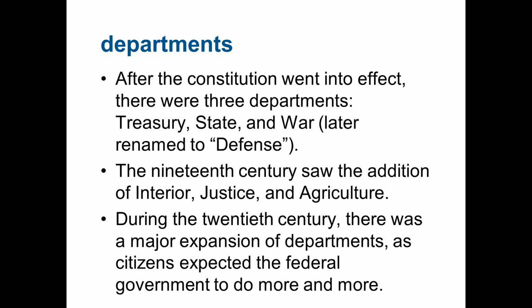Going forward a little bit in time, through the 19th century, there are three more added during the century: Interior, Justice, and Agriculture. So up until the 20th century, you've only got 6 out of the 15 departments we have now already formed. It's during the 20th century where the rise in departments and the overall growth in the bureaucracy sees all these additional ones added.